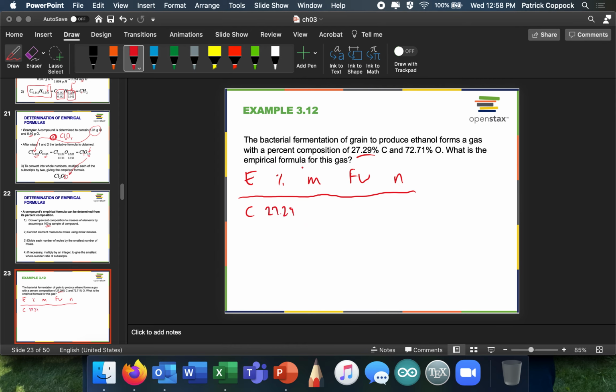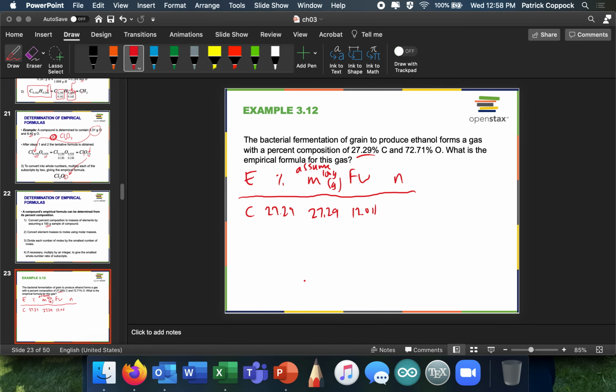Now I'm going to go back to the previous slide and just assume that there was 100 grams in the whole sample. And if there's 100 grams in the whole sample, then the mass is going to be 27.29 grams. Can you see how that goes? If the percent is 27.29 carbon, and we have 100 grams of it, then there's going to be 27.29 grams. The formula weight is 12.011, and we'll calculate the moles right now.